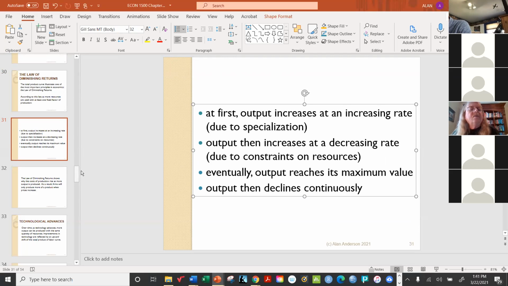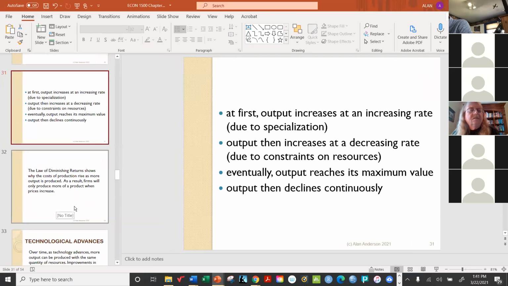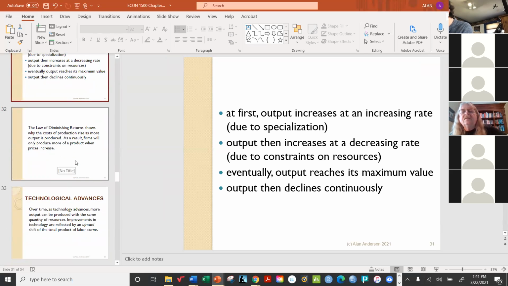Okay, now, why do I say that you've experienced this yourselves? All right, so this is what's happening when we have one variable resource, all the rest are fixed. And so this is the important detail here.